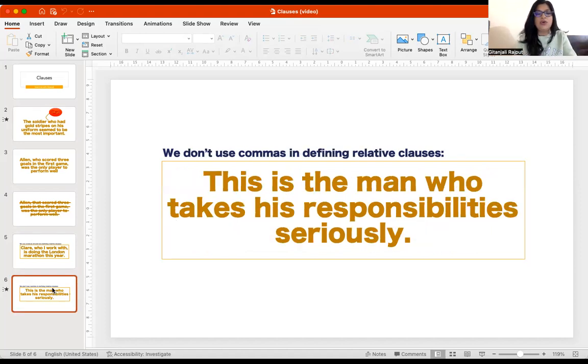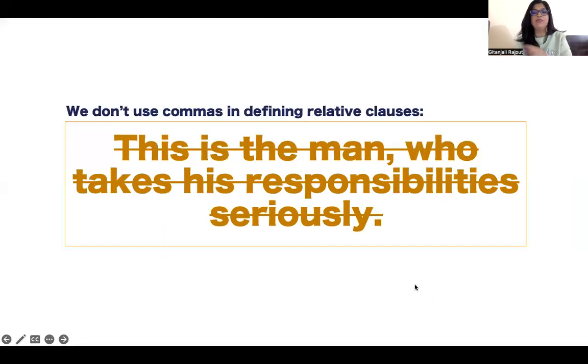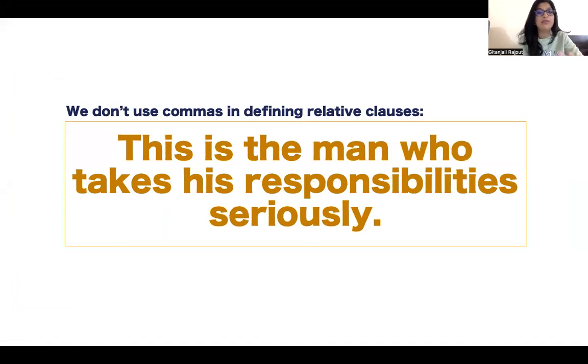Whereas in the case of a defining relative clause, you are not supposed to use commas. For example, this is the man who takes his responsibilities seriously. In this sentence, who takes his responsibilities seriously is the defining relative clause, and I am not supposed to use commas around it. It would be wrong to use commas.